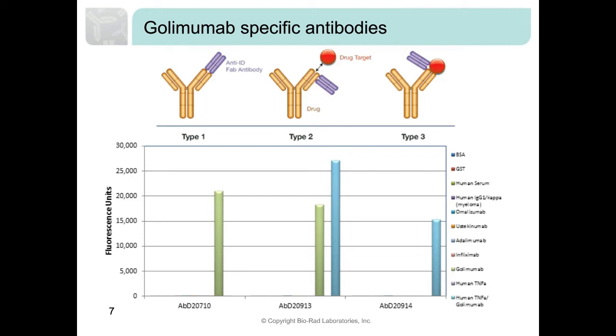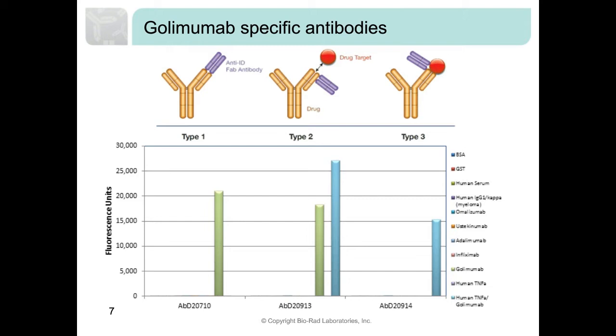The type 1 anti-idiotypic antibody only binds free Golimumab. The type 2 antibody binds both free and complex Golimumab, but not any of the control proteins. And the type 3 antibody is specific for the TNF-alpha Golimumab complex. It does not bind to TNF-alpha or Golimumab alone.